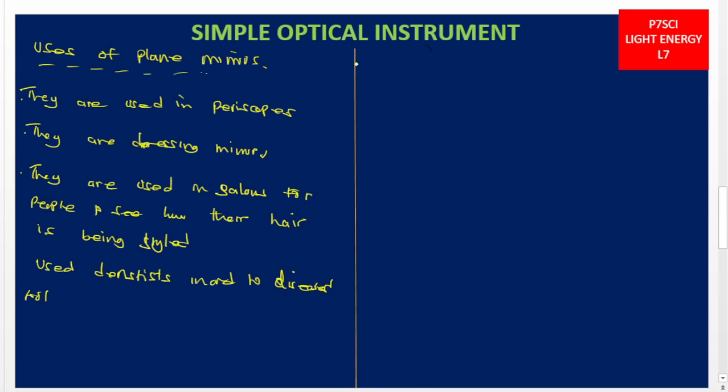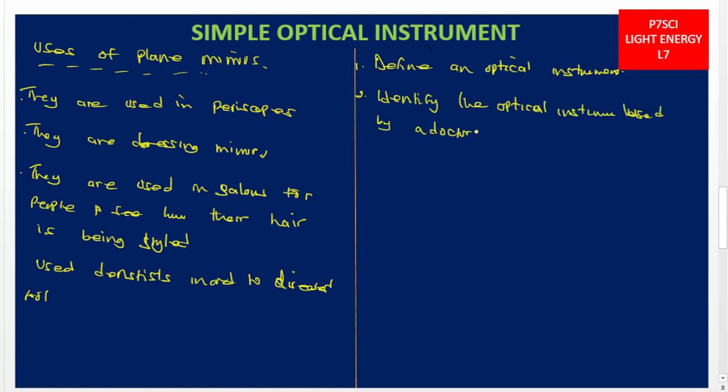Number one says define an optical instrument. Number two, identify the optical instrument used by doctors to view pathogens.